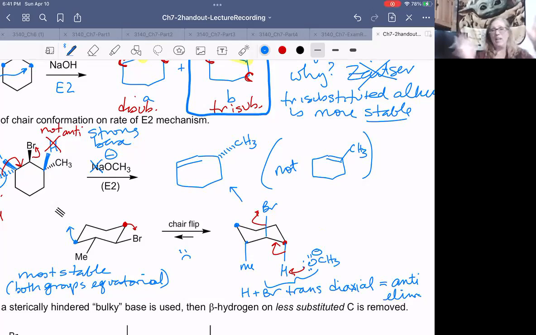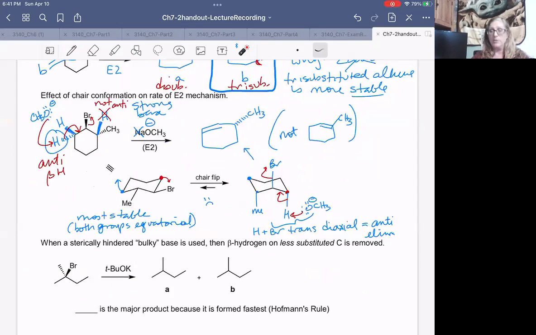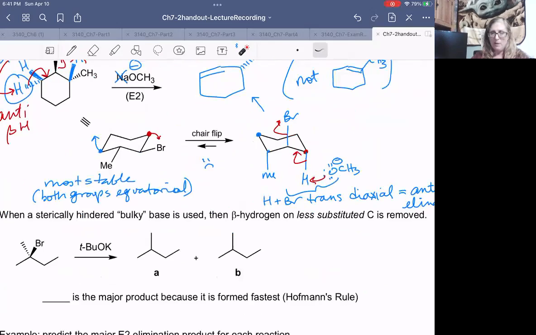And depending on how many other substituents there are and in what positions, sometimes that chair flip is so difficult because the resulting required conformation is so unstable that it doesn't even happen. So sometimes you will find that a reaction is either very, very slow or actually no reaction. And the way we're going to be able to answer that question is by investigating the chair conformations of those. So make sure you try those examples when you find them.